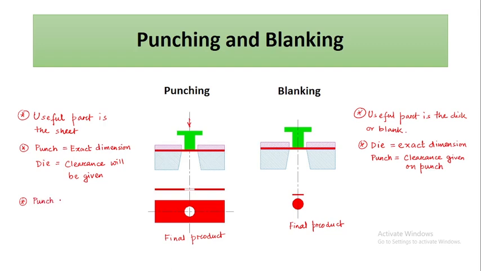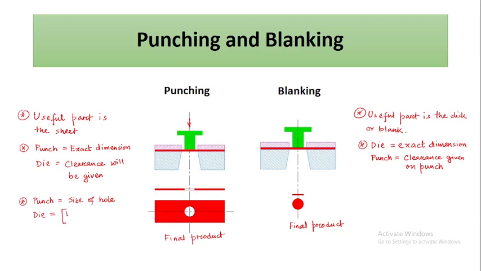The size of the hole will be the size of the punch. Now, as the clearance will be given on the die, the die size will be bigger than the punch.